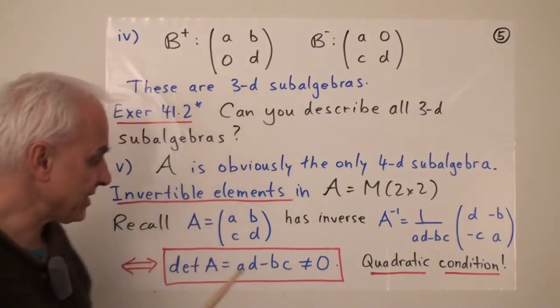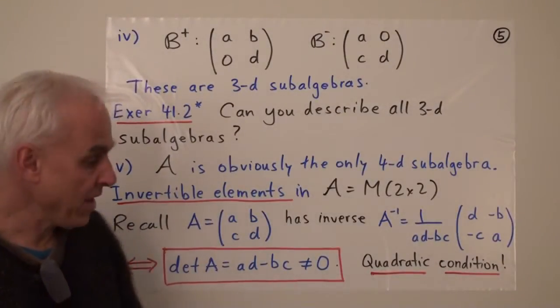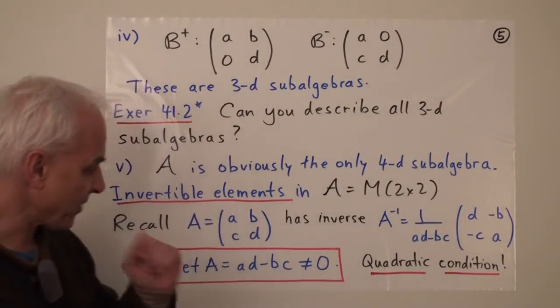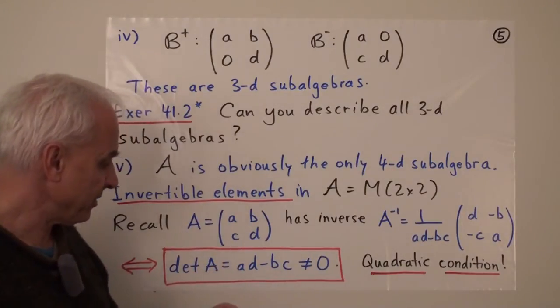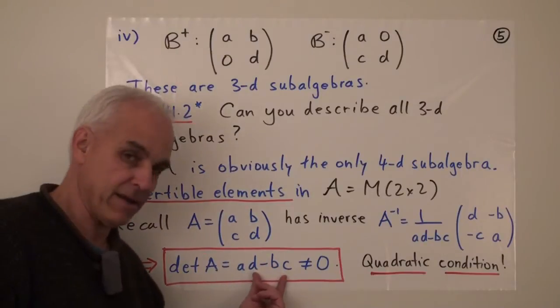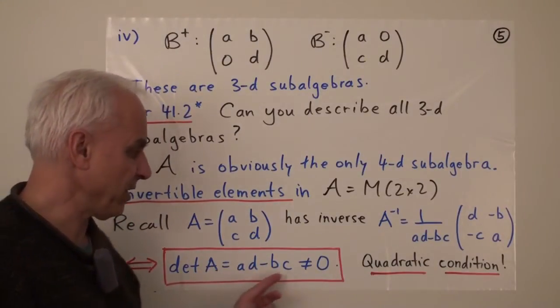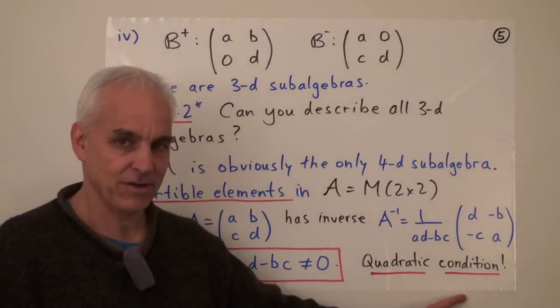And it's this simple but very important fact, that in the 2 by 2 case, the determinant, this quantity AD minus BC, is a quadratic expression. So this condition for being invertible is a quadratic condition.